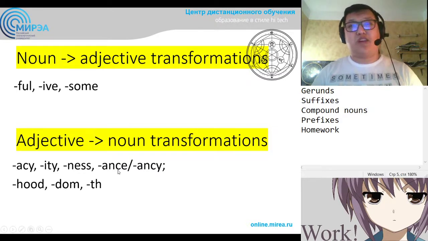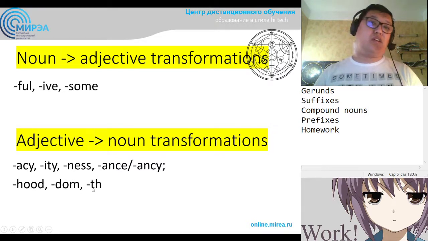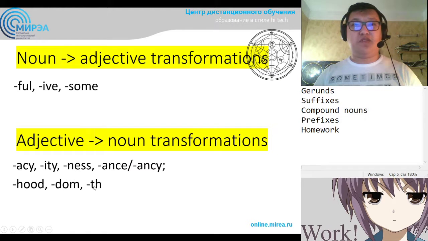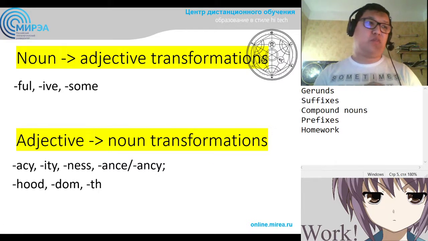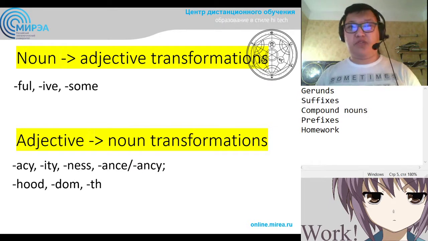So these are the suffixes that can help you. And again, I didn't know where to put these three, especially this one. You add that usually to a noun to create an abstract noun: adult, adulthood, brother, brotherhood, neighbor, neighborhood, and so on.